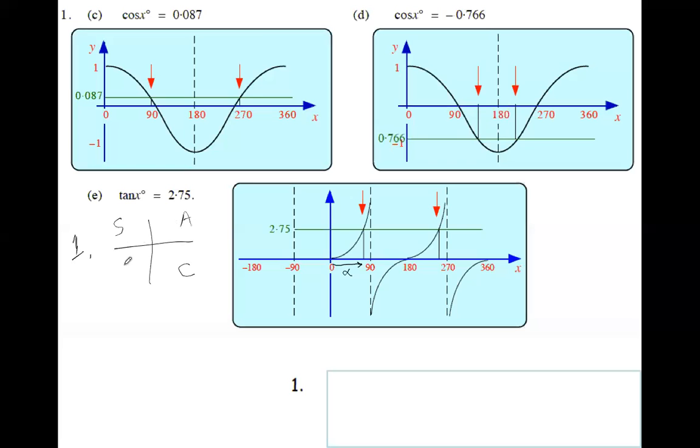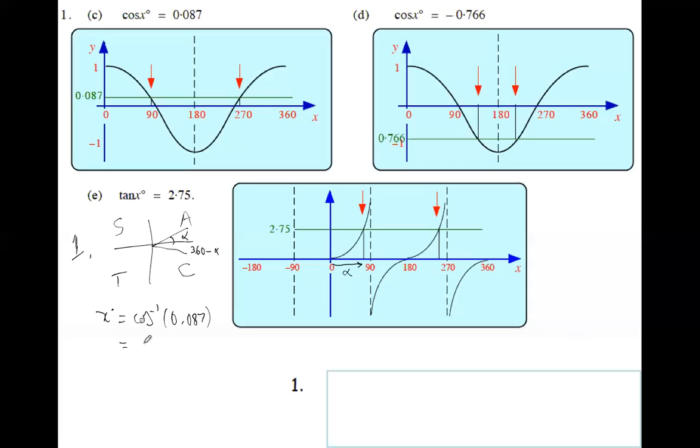C-A-S-T. So this needs to be in your head. Alpha, we're all positive, 360 minus alpha. The good thing is alpha and x are the same because I've got a positive thing. So x, your first answer, is inverse cos of 0.087. So shift cos 0.087, which gives me 85.